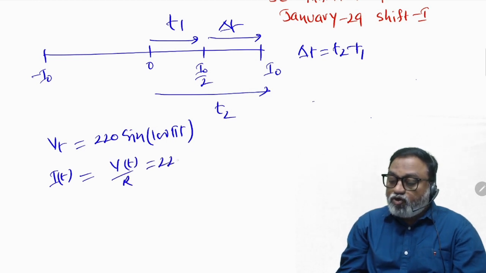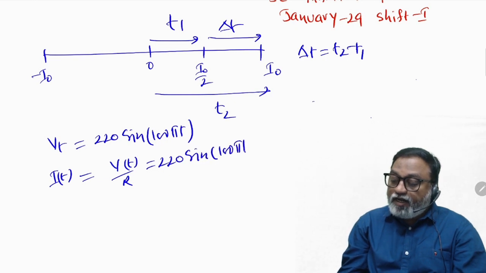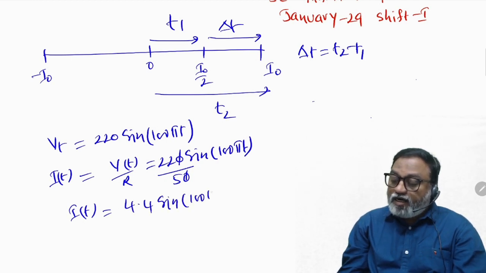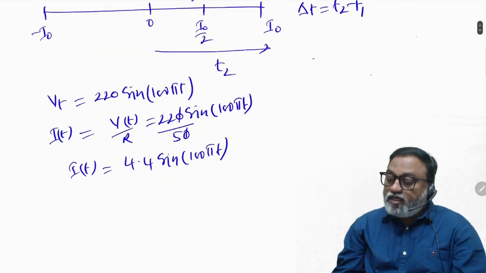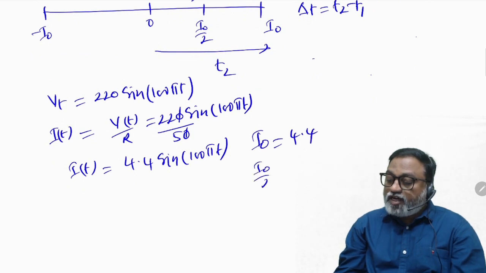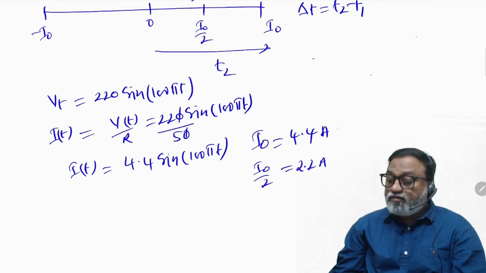This becomes 220 sin 100 pi t by 50. The zeros cancel, so it is 22 by 5, that is 4.4 sin 100 pi t. The maximum value of current is 4.4. Half of that, I naught by 2, is 2.2 amperes.